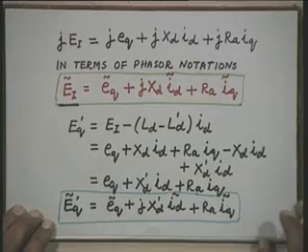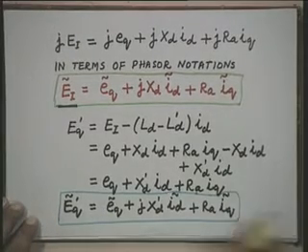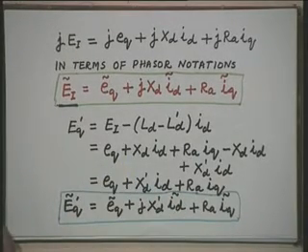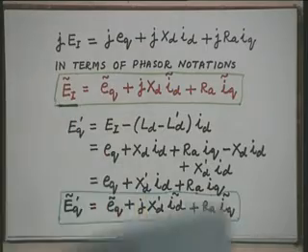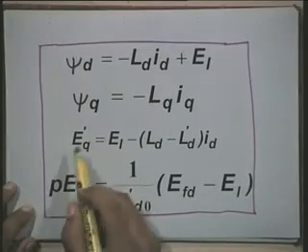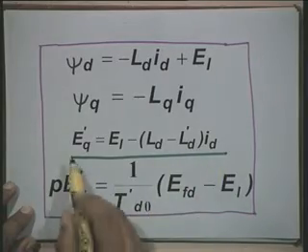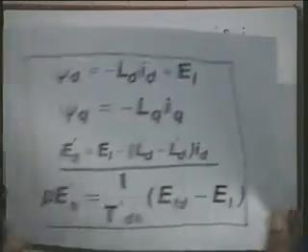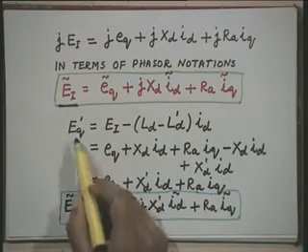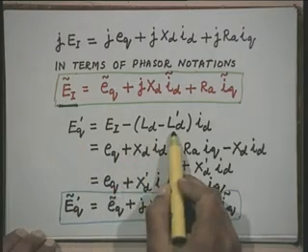Then we make use of this equation for E q prime. Now, in this equation we have E q prime equal to E I minus X d minus X d prime into I d.